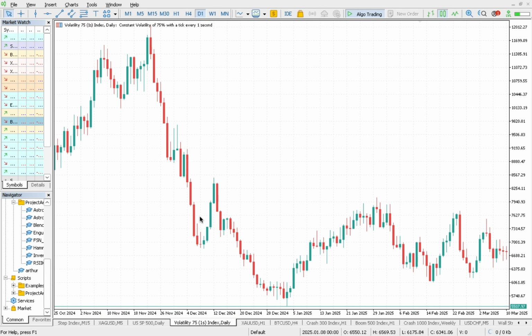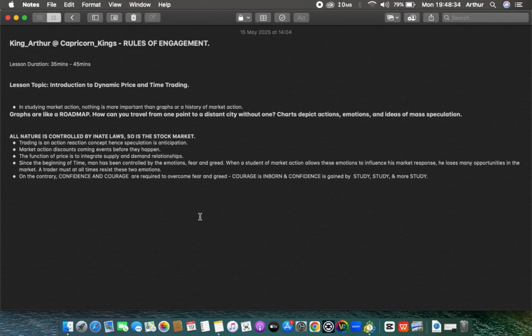Why are they so important? They present to us the history of the market action that was there in the past 24 hours, in the past 2 years, in the past 1 month, in the past 1 week or so. So these graphs become what I call a roadmap.